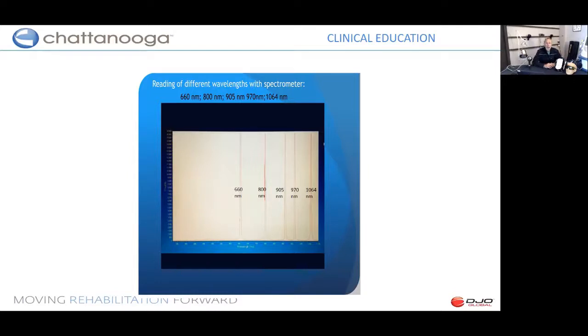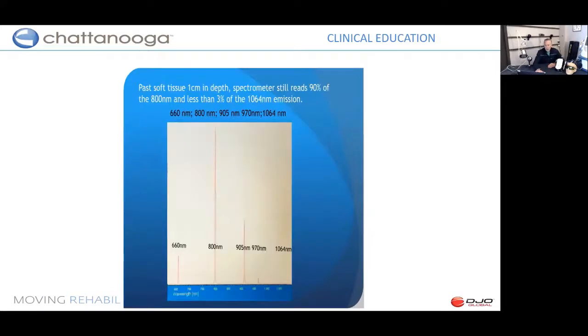So the 1064, this particular depiction uses a 60-watt laser output. And the other wavelengths are, the 800 has the highest, the 600 is also fairly minimal. But look what happens when we shoot it through your thumb.